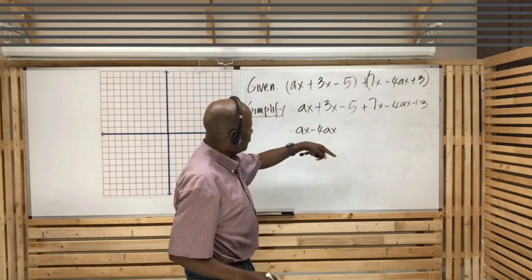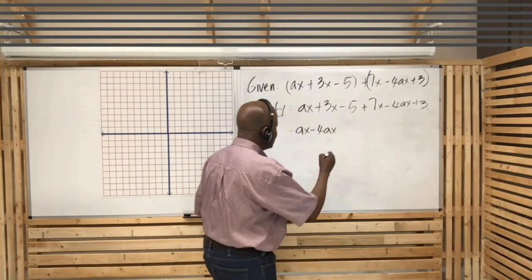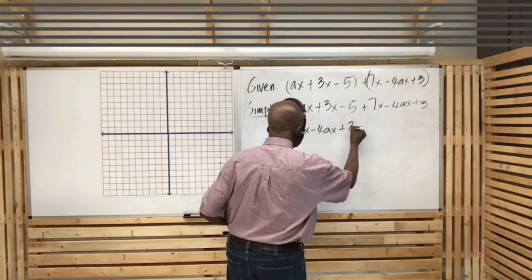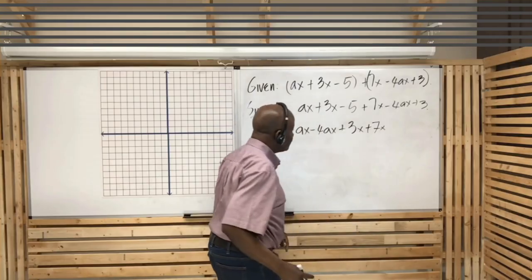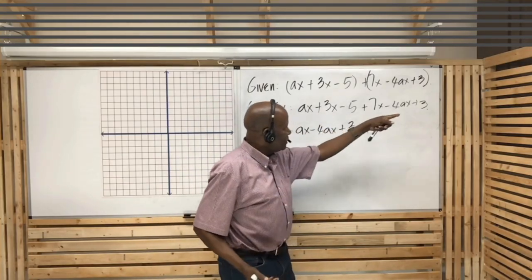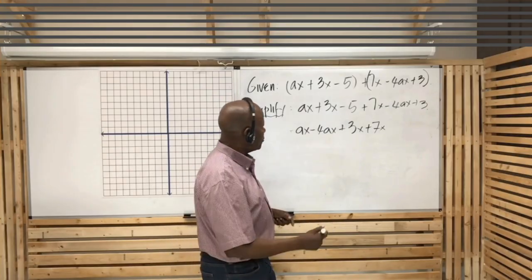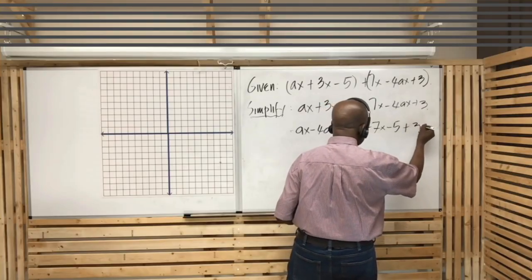Okay, that's taken care of. The next like terms are 3x and 7x, plus 3x plus 7x. And the other like terms are the constants, the numbers, which is minus 5 plus 3.